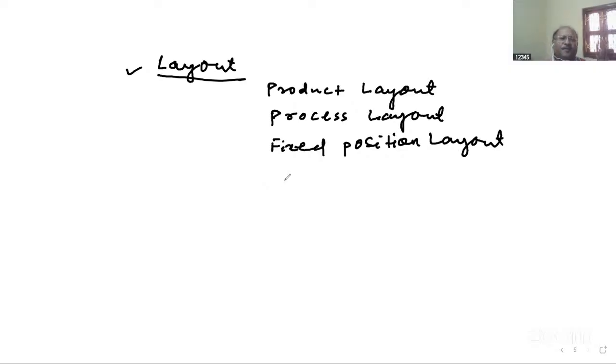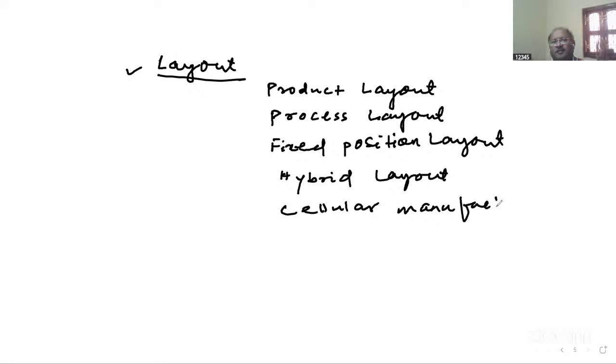Then we have hybrid layout. Then we have cellular manufacturing layout. Okay, so these are the different types of layout. Now we discuss one by one. First is the product layout.